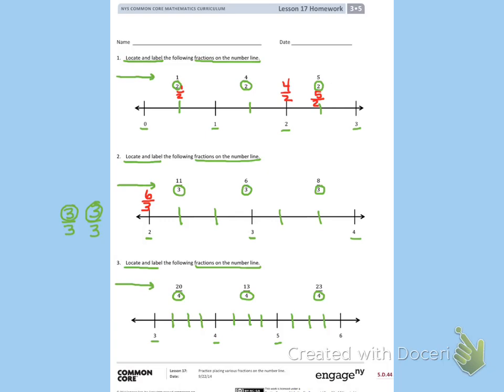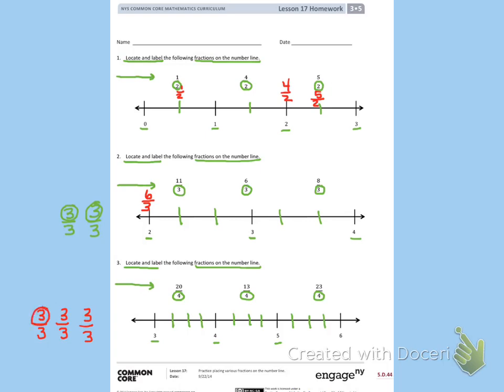Now I have to label the following fractions on the number line. I have to figure out how many thirds there are in 3 wholes. I know that there are 3 thirds in 1 whole, another 3 thirds in 2 wholes, and another 3 thirds in 3 wholes.